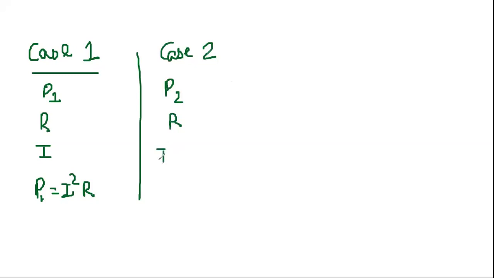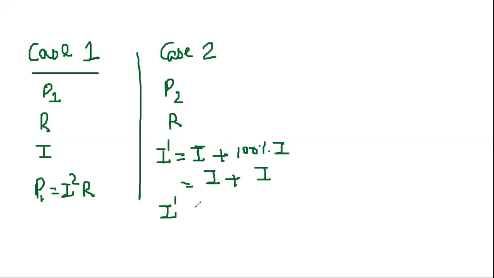But the new current is the previous I plus 100% of I. If you solve 100% of I, it becomes I only. So the new current is 2I.